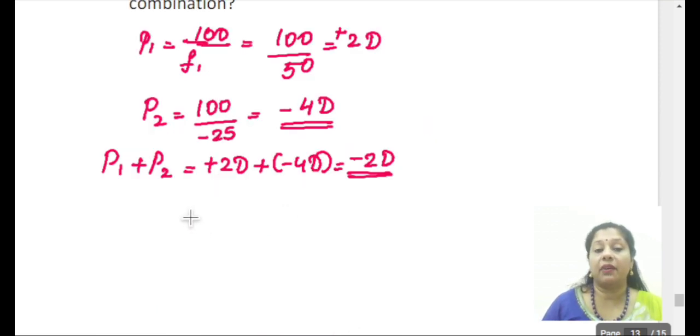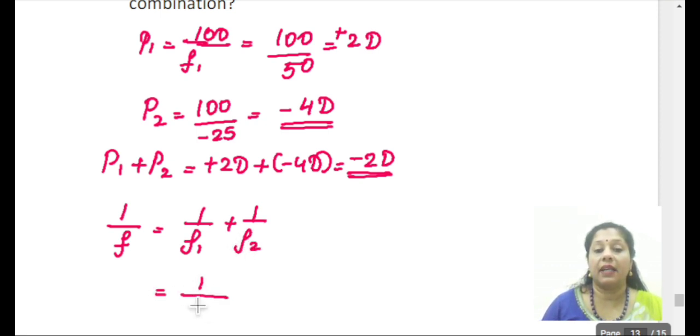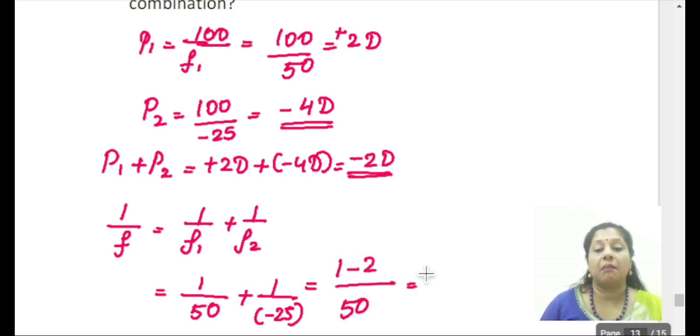Suppose you want to find out using focal length, net focal length would be 1 by F is equal to 1 by F1 plus 1 by F2. That is 1 by 50 centimeter plus 1 by minus 25. So LCM is 50. So 1 minus 2, that is minus 1 by 50.